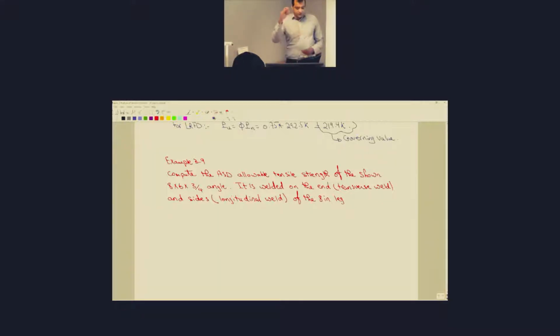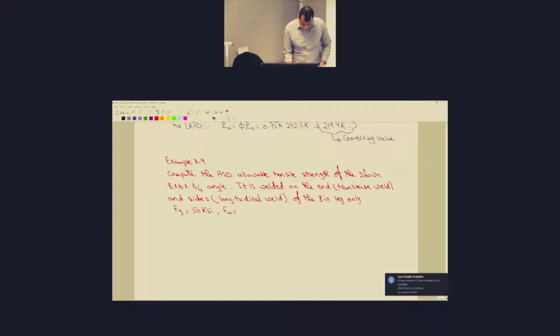The 6-inch leg is free. And you're given the properties of the steel used. F yield is 50 KSI. And the ultimate stress for the steel used is 70 KSI.